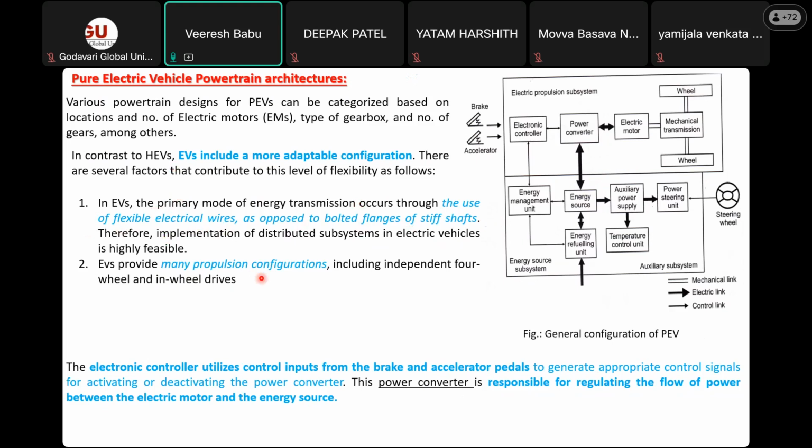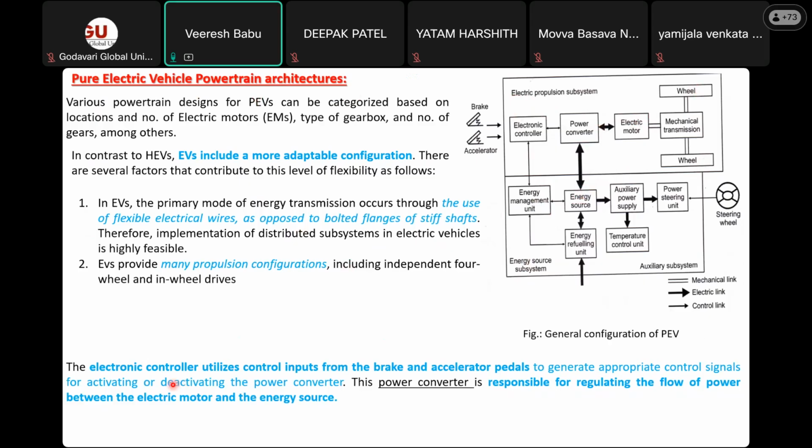EVs provide many propulsion configurations, including independent four-wheel and in-wheel drives. You can keep one motor here and one motor there, all integrated with the energy management system, and run the vehicle. Therefore it gives flexibility for the vehicle powertrain.